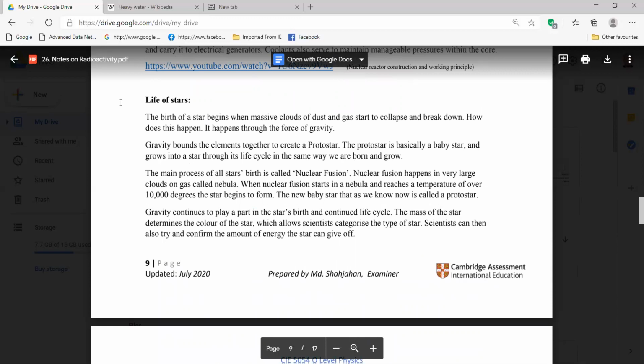Okay, now we are starting life of stars. Actually, here we are not going for details or much deeper. Just a little bit of idea we'll get here, and mainly we'll focus on nuclear fusion. I brought some idea here of how it is happening in the life of stars, or how the stars work for fusion.